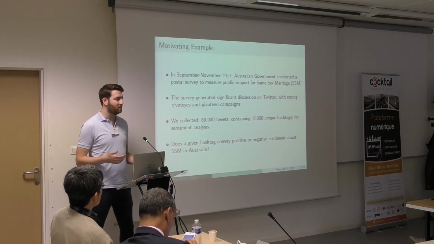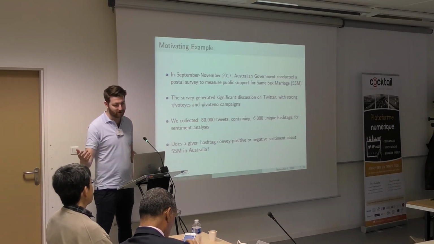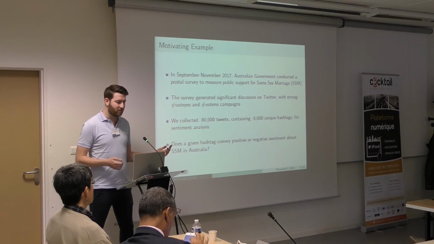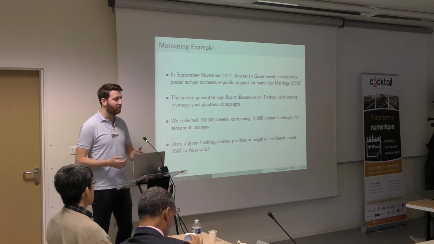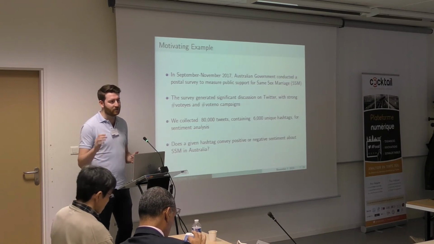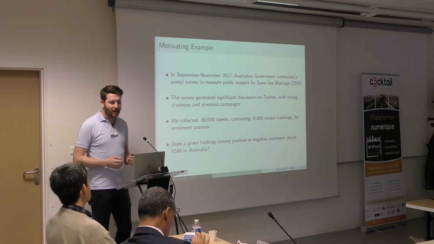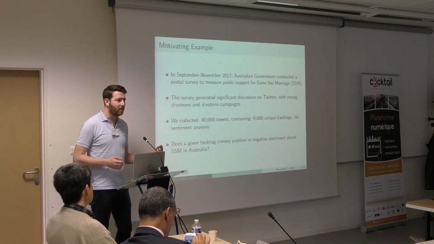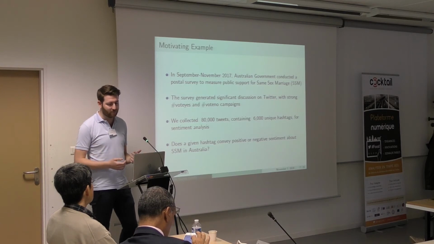We want to analyse the sentiment behind those hashtags. You could consider that vote yes is very obviously a strong positive sentiment, vote no is a very strong negative sentiment, but there are a whole range of other hashtags within that network that aren't absolute yes. They may be like, oh yes, if certain conditions are met, or you might have a hashtag that's like no, but if these certain conditions are met, I might be more favourable to it.